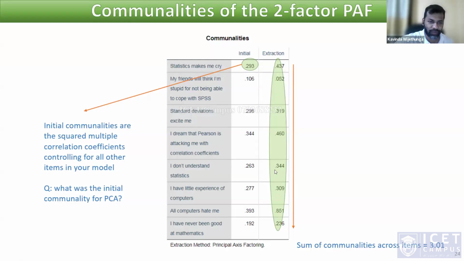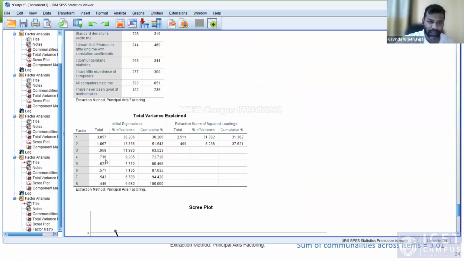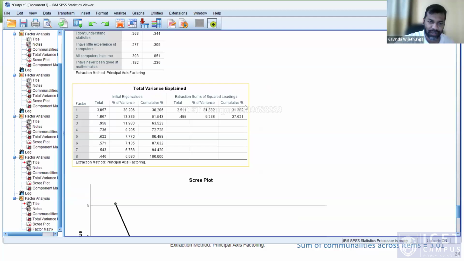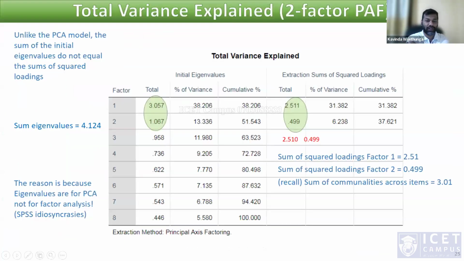When it comes to the factor analysis, again the initial eigenvalues are the same because we used the same data set. Here we use principal axis factoring, so we can extract two factors. Unlike principal component analysis, the sum of the initial eigenvalues does not equal the sum of the squared loadings in this method.